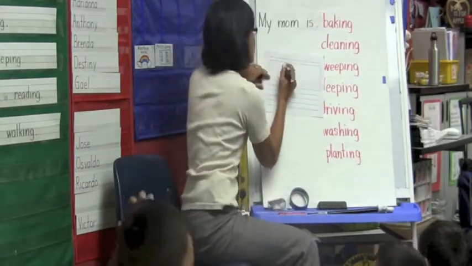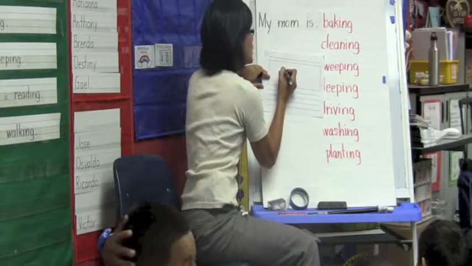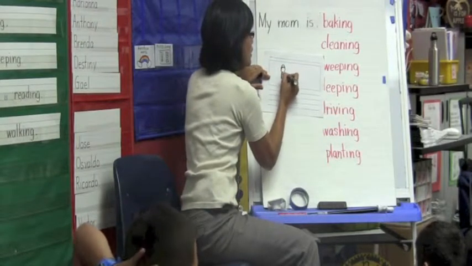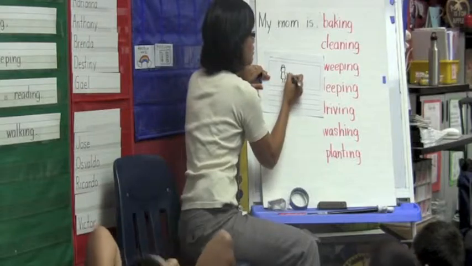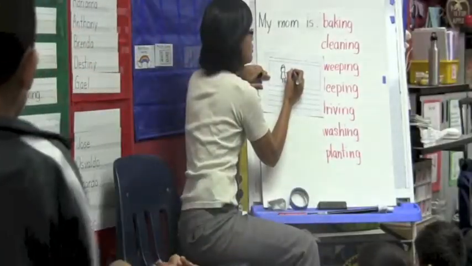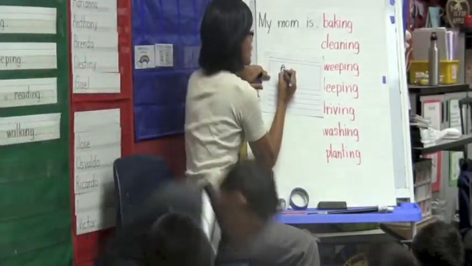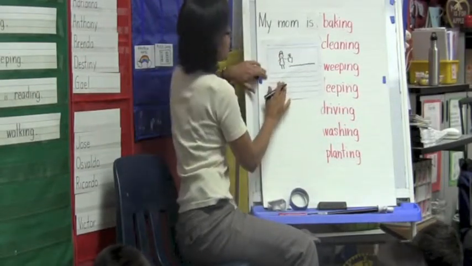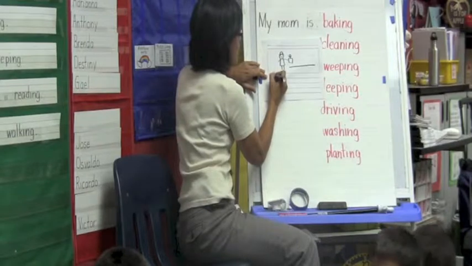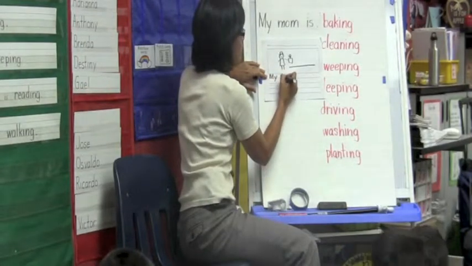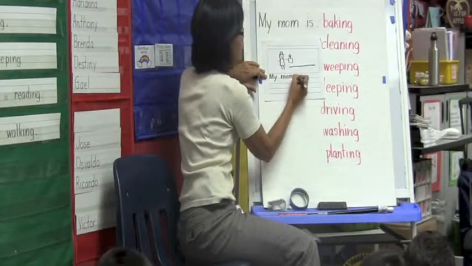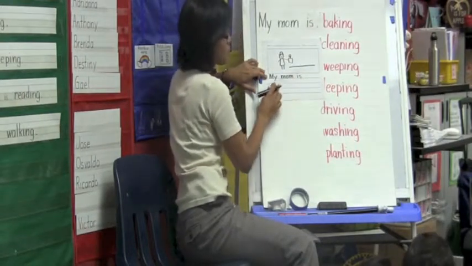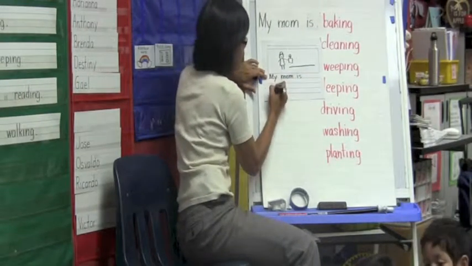Okay, so here's my mother. She's got her gardening hat on. And she has her flowers that she's going to plant in our garden. And there's our garden. So watch how I write, my mom is, I'm out of space. I'm going to go return sweep planting.